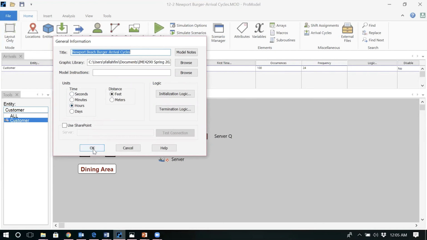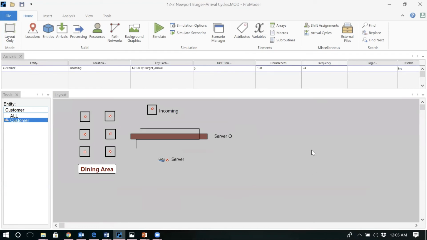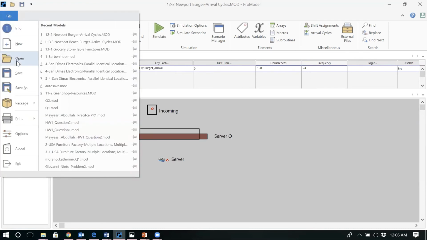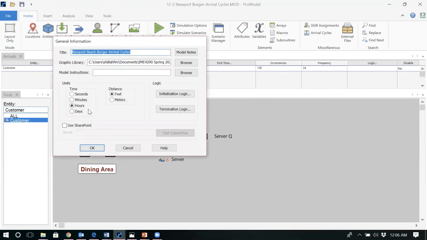So I press OK. I also want you guys to pay attention that here next to 24, I did not put hour as the unit of time. So here is our inter-arrival time. In every 24 hours, we receive this number of customers, right? So if I do not put hour next to 24, that means the default unit of time in this model is hour, as you can see here.